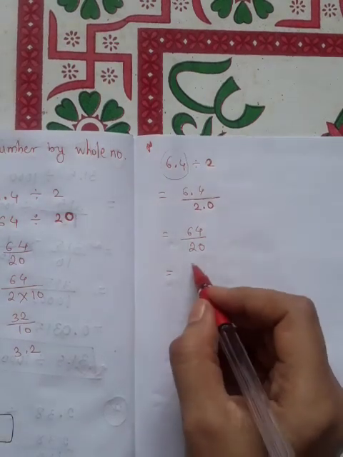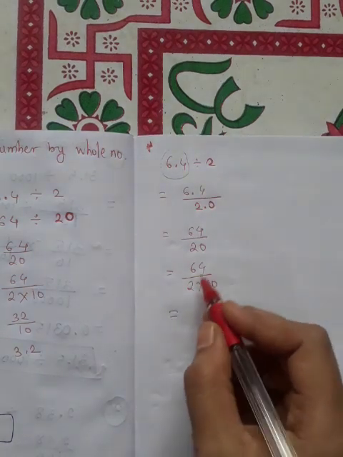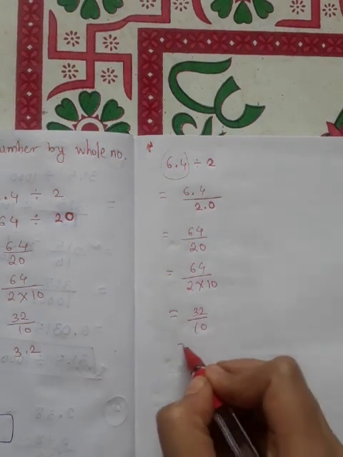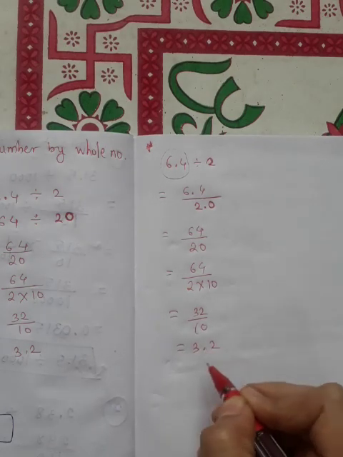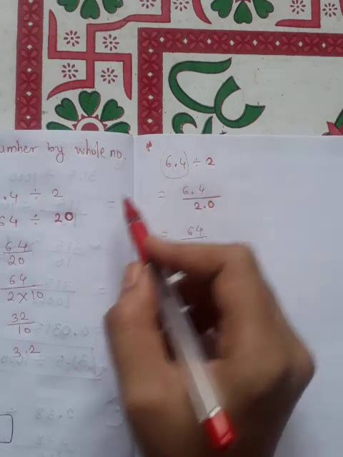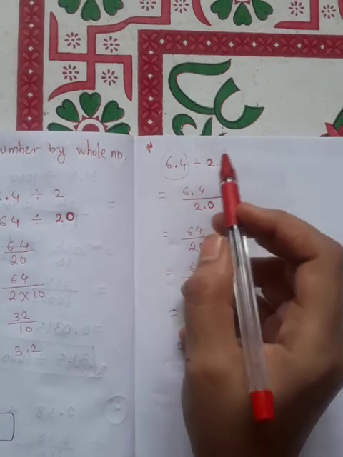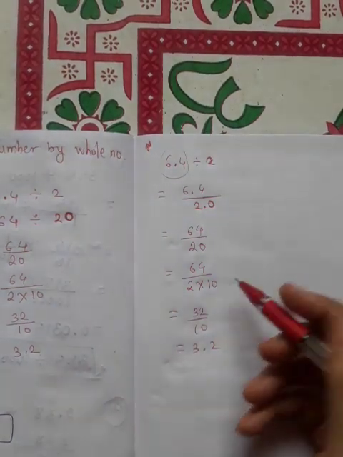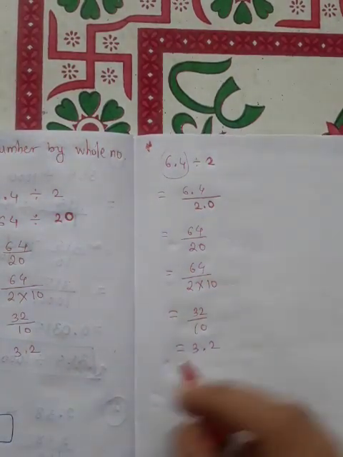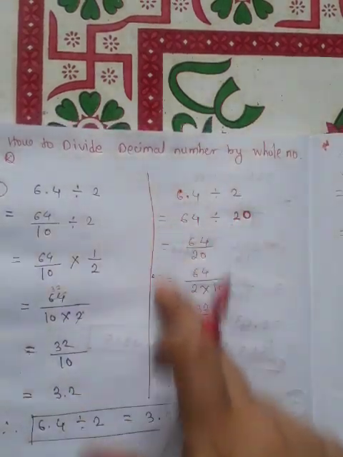We know how to divide. 64 by 20 means nothing but, as I explained, 32 by 10, that is 3.2. Means just equalize the digits after the decimal point. You can apply the third method, but I think the earlier is an easy method.